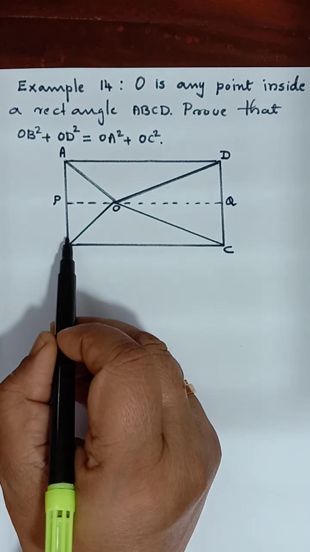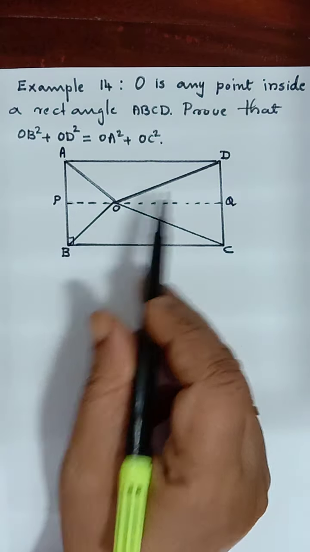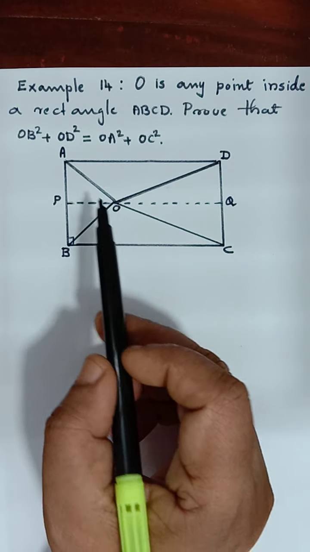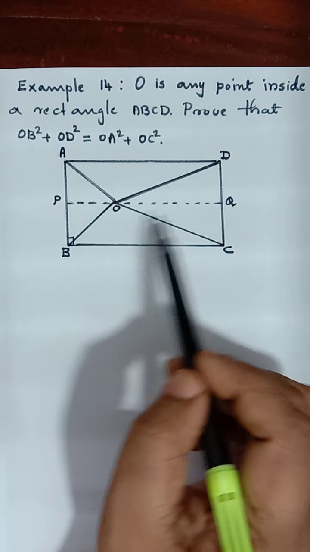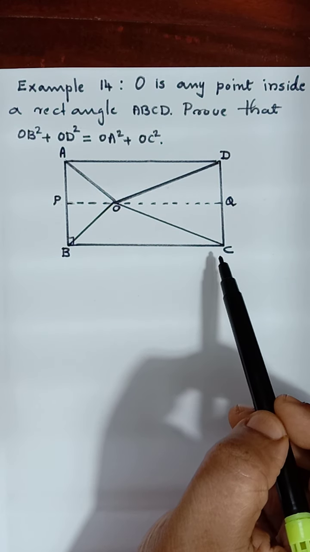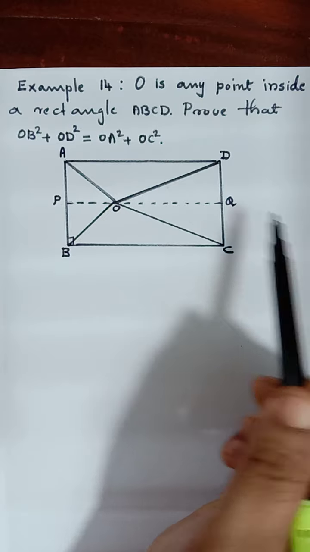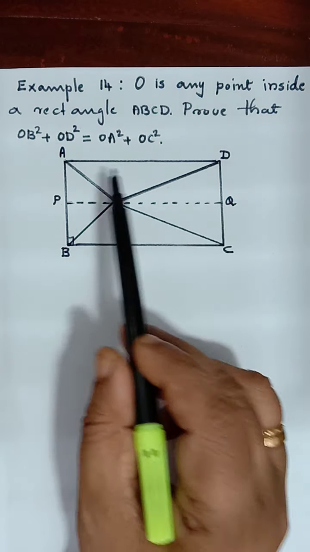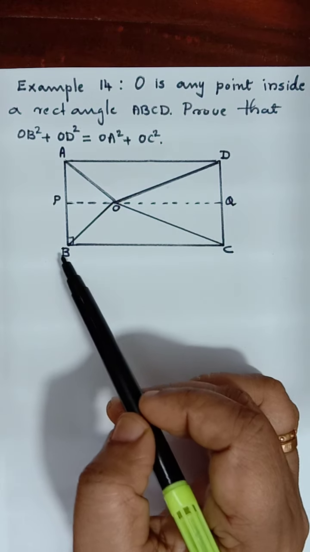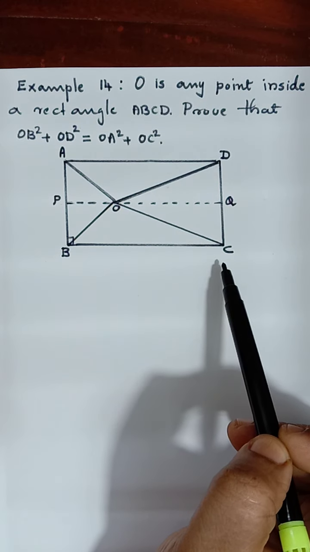That means we have a 90-degree angle at each corner. And similarly, AD will be parallel to BC, and AB will be parallel to DC. Now according to our construction, we have a line PQ drawn parallel to AD, so automatically it is parallel to BC also.